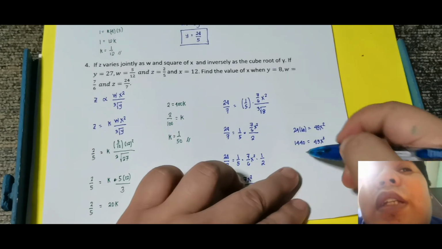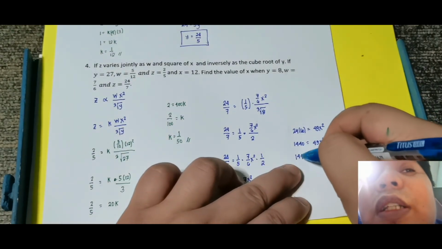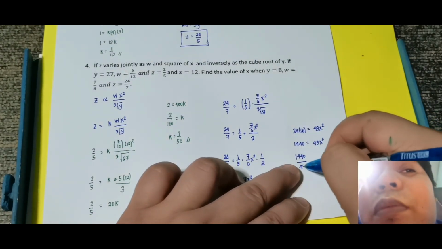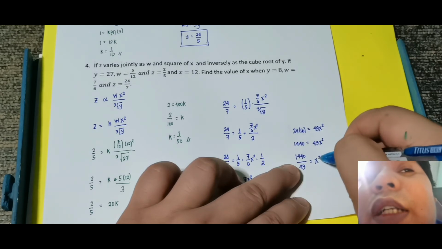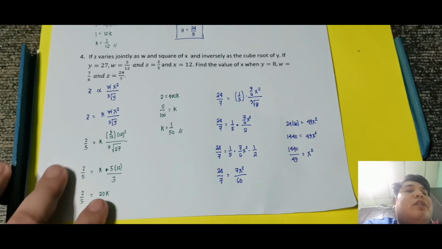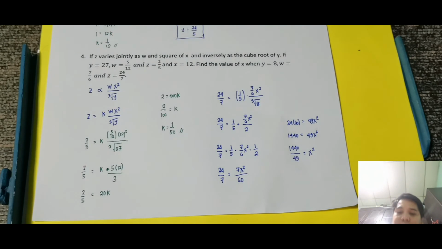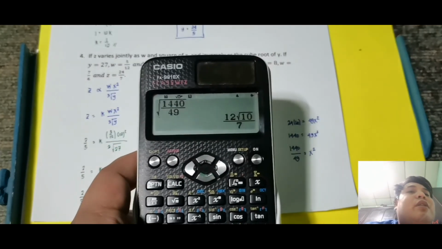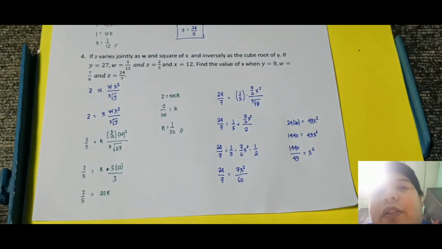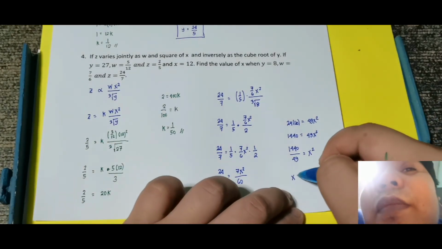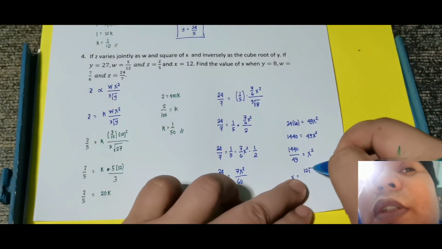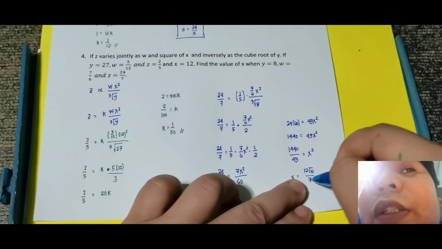Divide both sides by 49, so that is 1440 over 49 is equal to x squared. Then syempre kunin natin yung square root both sides. So the value of x is equal to 12 square root of 10 over 7.